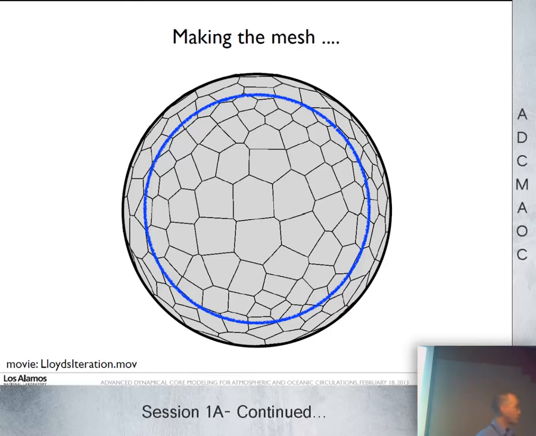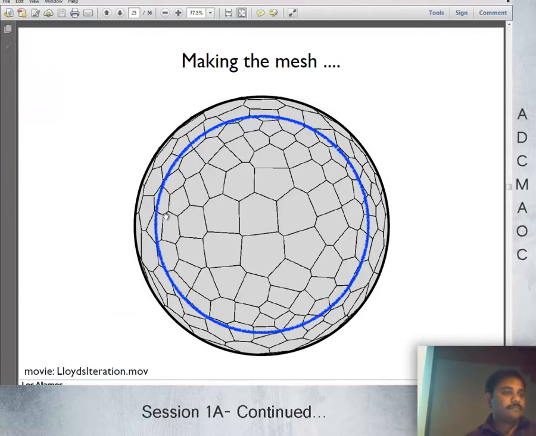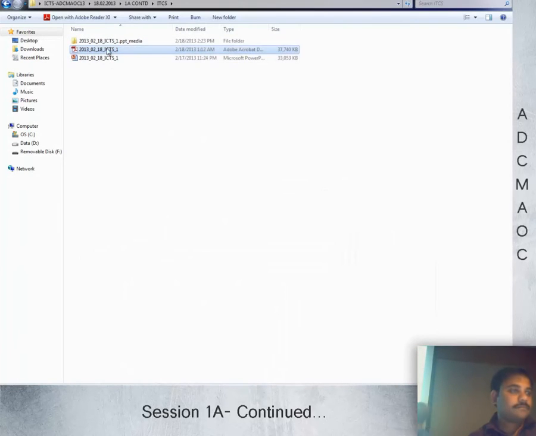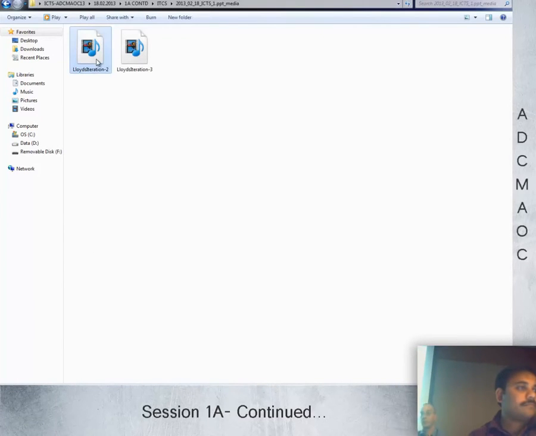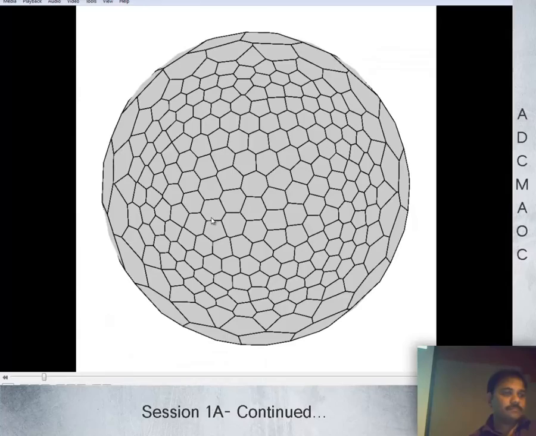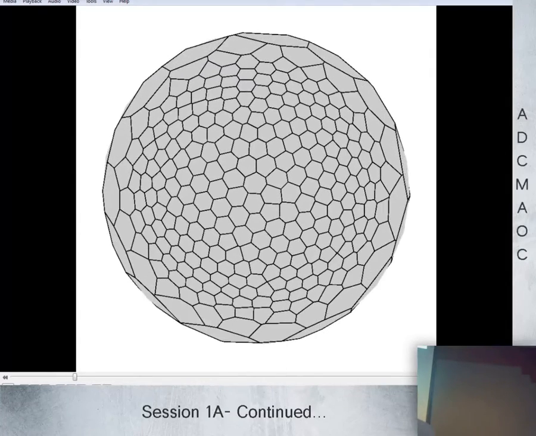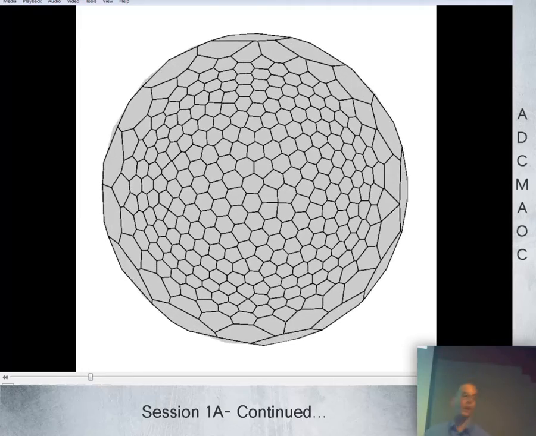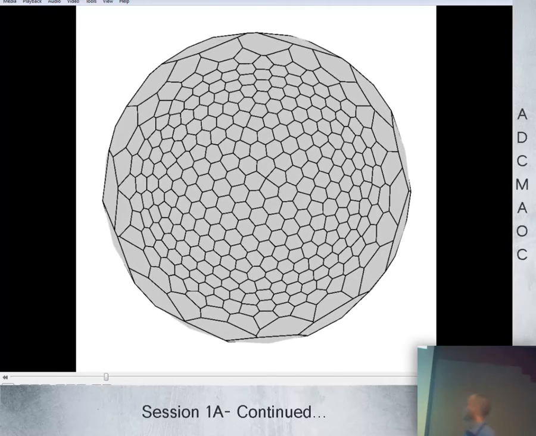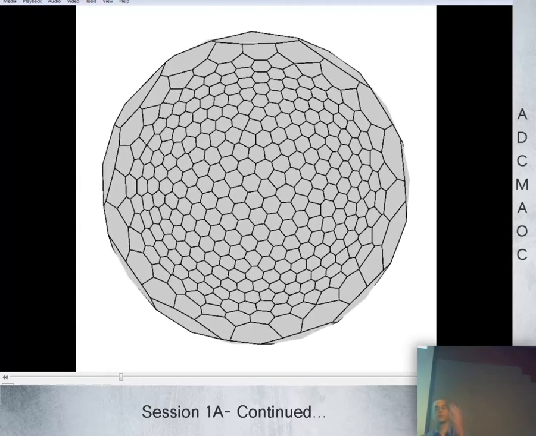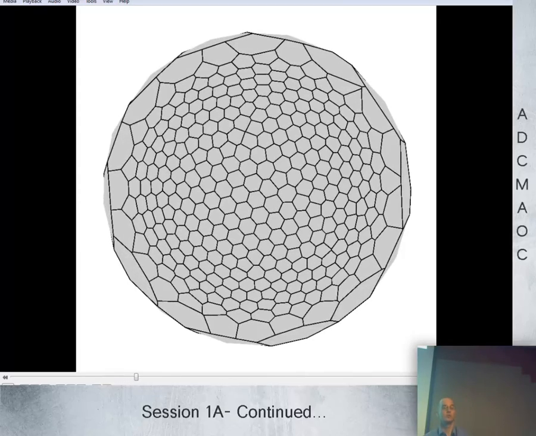Can I get this moving? So here, remember that blue region. It's going to have a high density inside that blue region, and a low density outside that region. Then if you go through this iterative procedure, that you can write a little MATLAB code to do, what you see is it moves your points into your high resolution region.